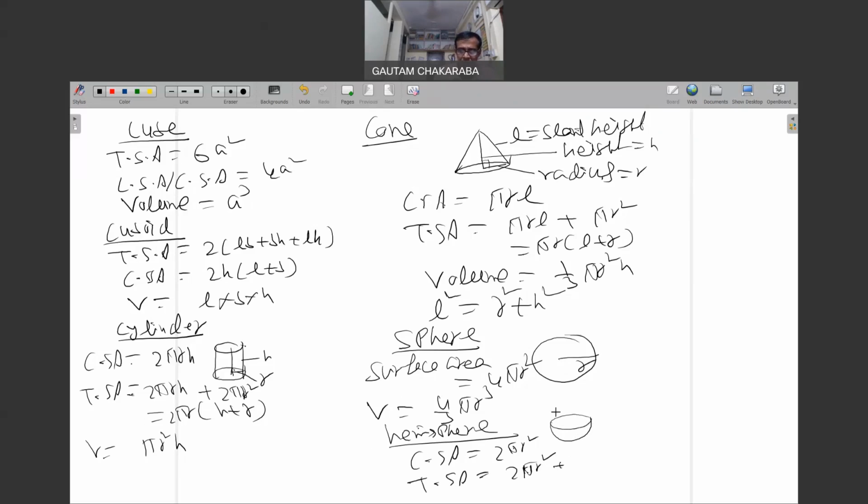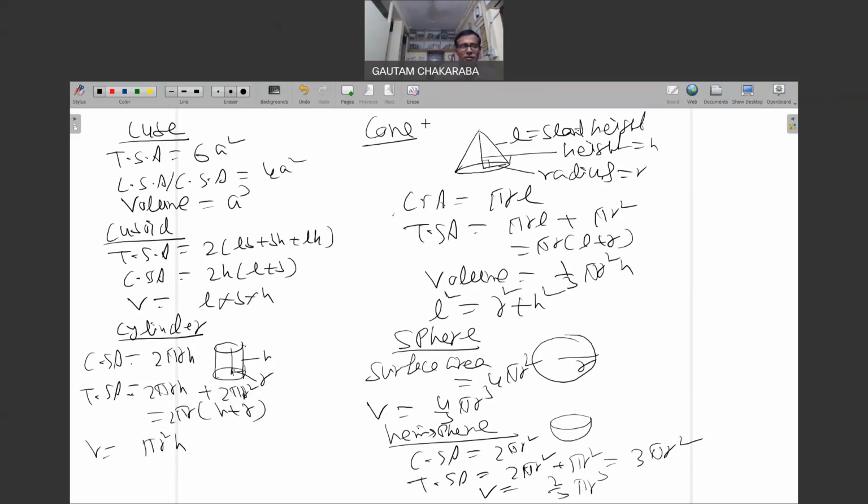CSA plus area of base, that is 3 pi r square. Or volume is half of the sphere volume, 2 by 3 pi r cube. Okay, so these are the identities of spherical surface area and volume, and these identities are used in each and every question. So you learn these identities first.